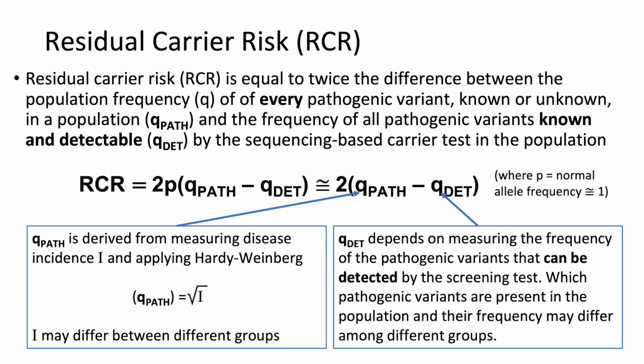And so figuring out what the actual frequency is of the variants that you can detect is quite complicated and can also differ among different groups. It depends a lot on how much research has been done on the disease itself and how much population genetics has been done on the disease itself in order to be able to measure Q detectable, QDET.